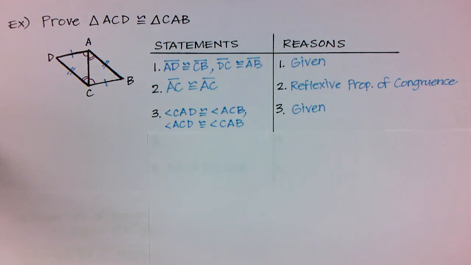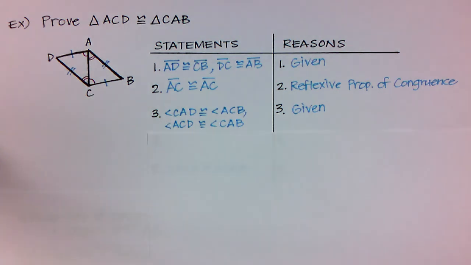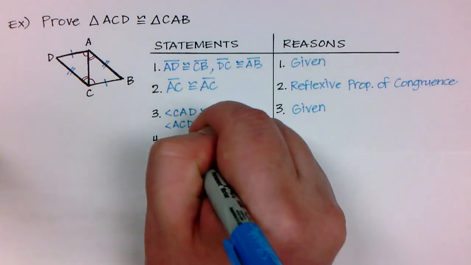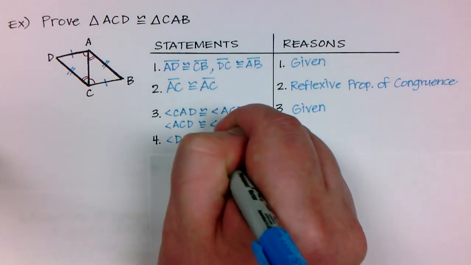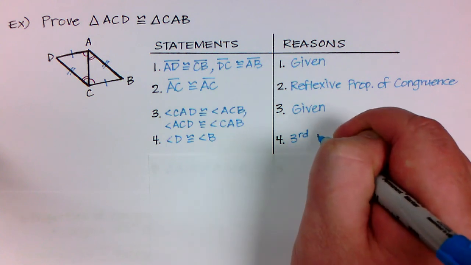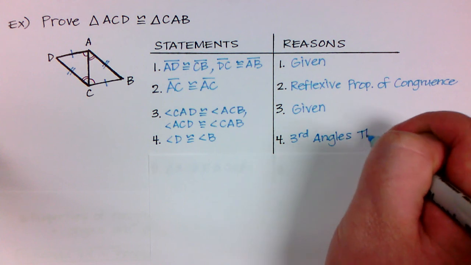So I only have one more angle to prove, and that is these two outside angles, if I can prove that those are congruent. Well, I know by the third angles theorem that angle D is congruent to angle B. That's what that theorem says.